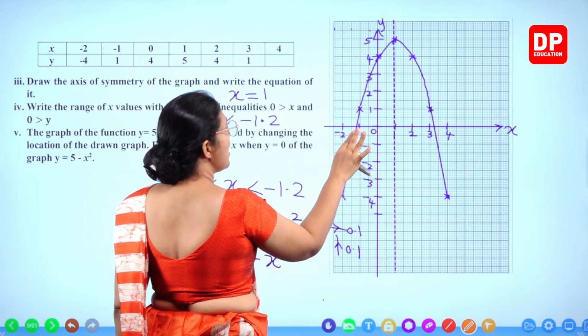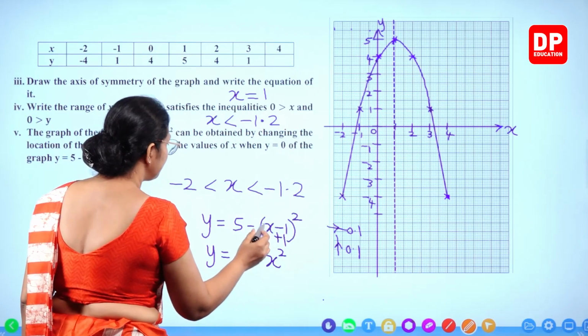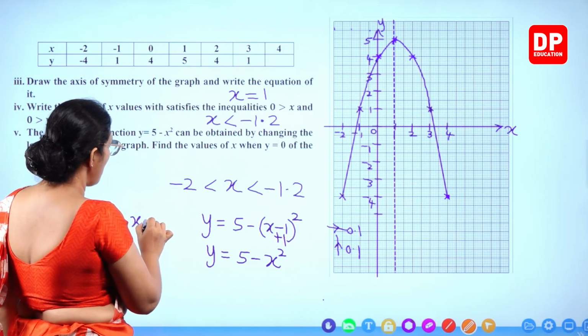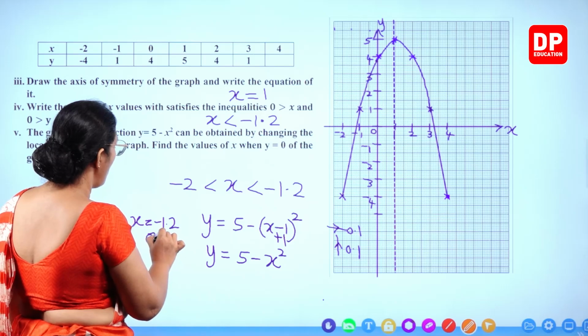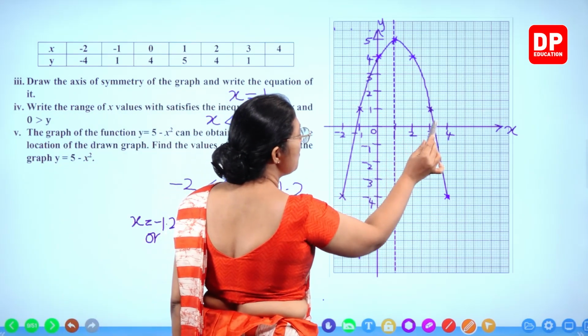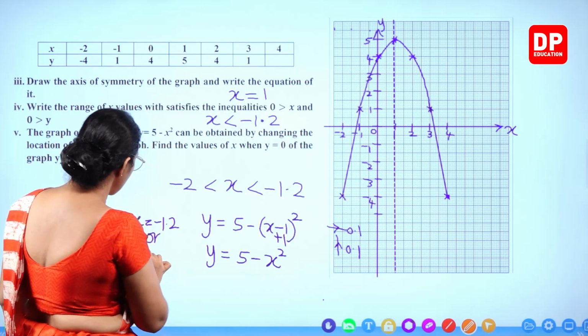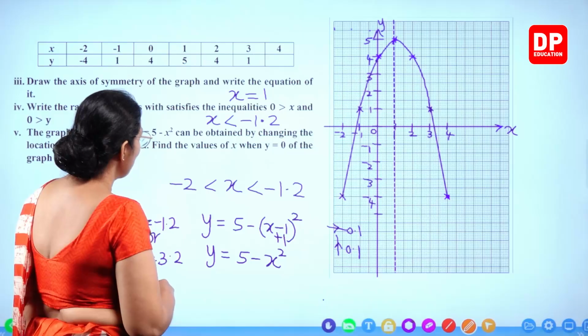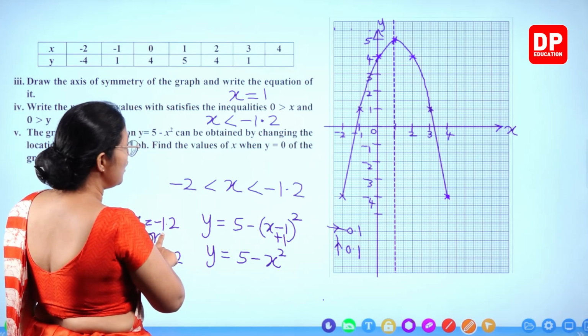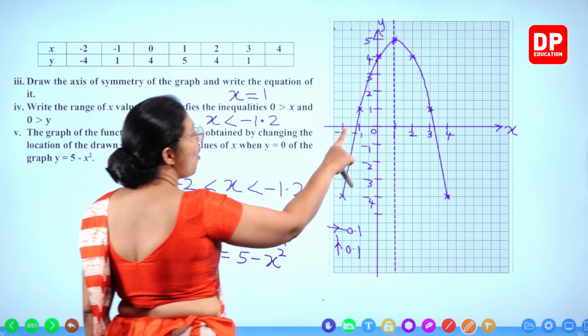In the first graph, x equals minus 1.2 or this value, 3.2. x equals 3.2. So these are the values we can find from the graph.